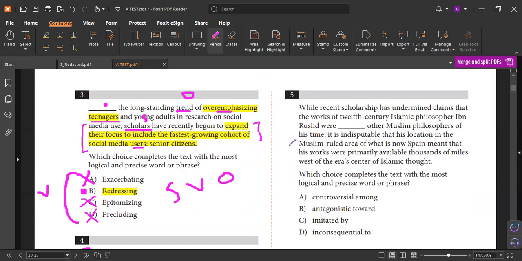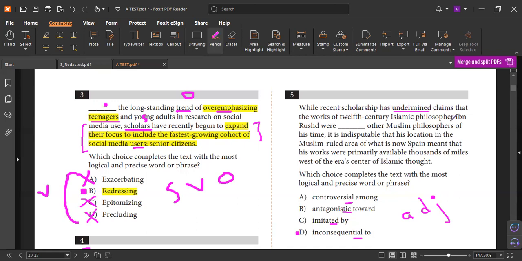Now let's find number 5, let's prove together why D is correct. Let's read. Number 1, what kind of words are here? It could be adjective, adjective, adjective. So what does this adjective describe? It describes a noun. Let's go to the noun. While recent scholarship has undermined, and we know undermined means to put less importance on something, or to ignore something, or not care about something.